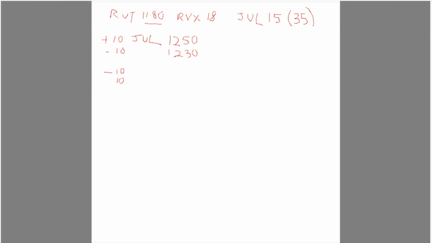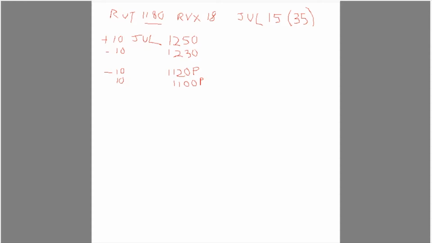And on the put side, I'm selling the same July 1120 puts and buying the 1100. So this is the iron condor without the tweak, right?